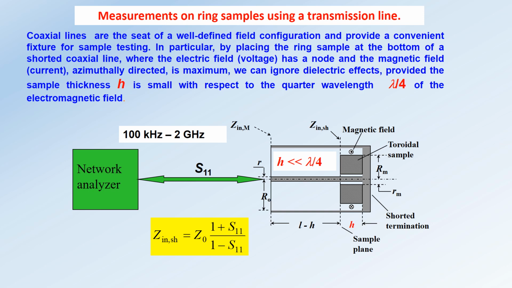In green there is a direct network analyzer working between 100 kHz and up to 2 GHz, and we can measure the scattering parameter S11 related to the impedance of the system where the sample is inserted.